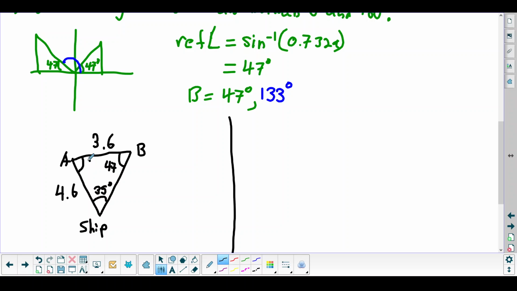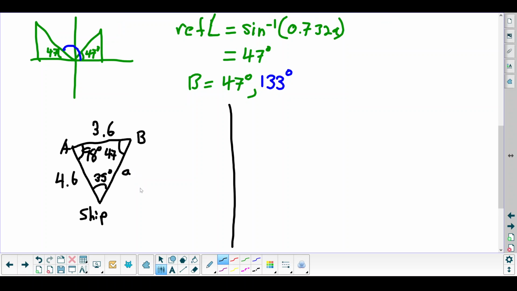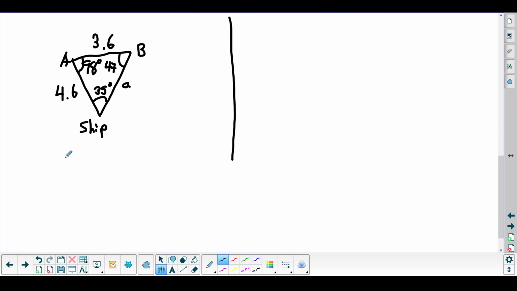And that gives us 98 degrees. And now we can find side length A. We found angle A. Side length A over its opposite, sine 98 degrees, is equal to, it doesn't matter which ones we use. I'm going to use the ones that were given in the question. So 3.6 over sine 35.